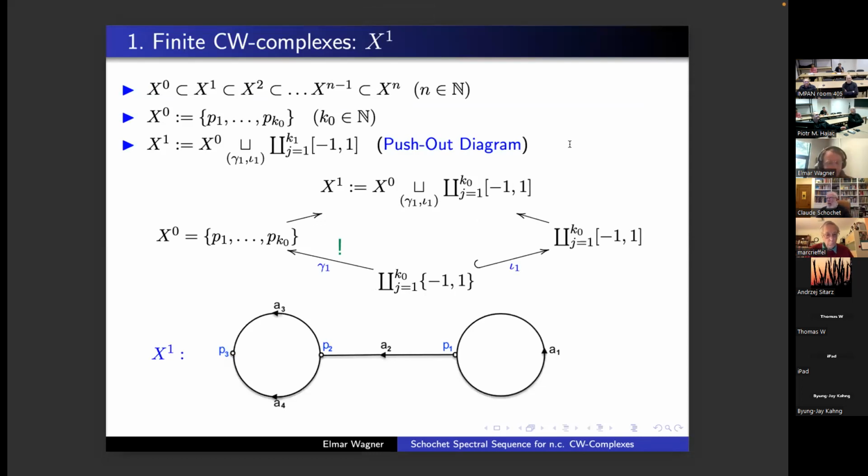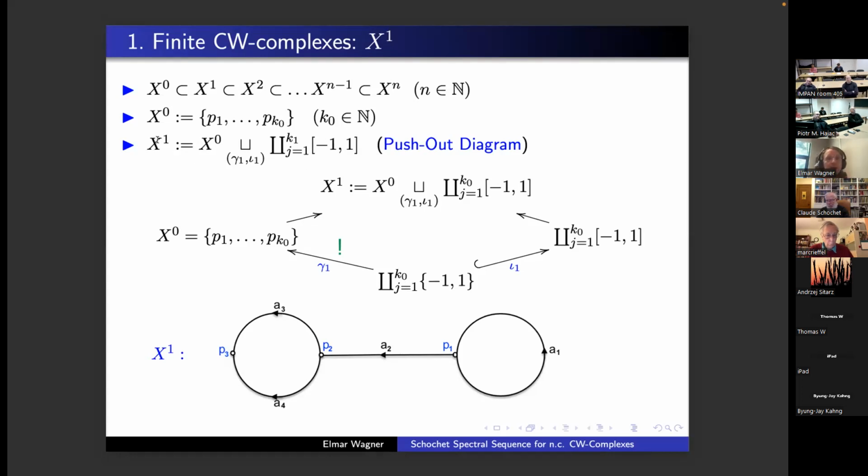So we want to study quantum CW complexes. I have no idea how to deform a single point. I'm not interested. So we start with a set of points classically. I'm not interested in deforming intervals.